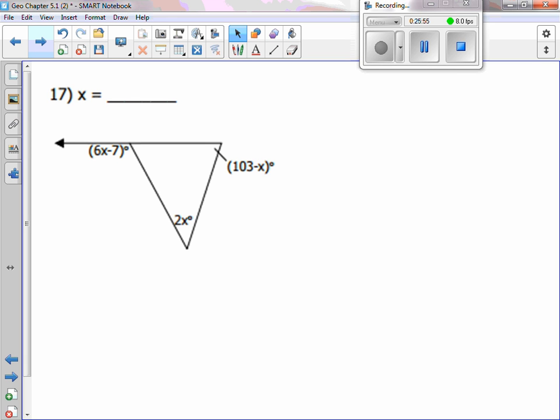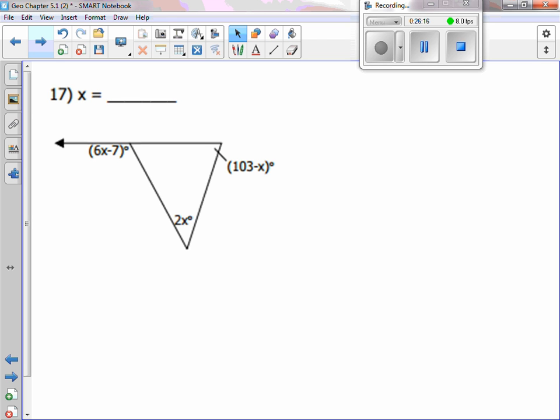Let's do this one here, because I was thinking about skipping it, but I think we should do this one, because this time, do we have any numbers for just an angle? No. I mean, we do have numbers if we want to get technical, but we don't have a single value for any one of these x's or any one of these angles. They all have a variable in them, yes? But what do we know?